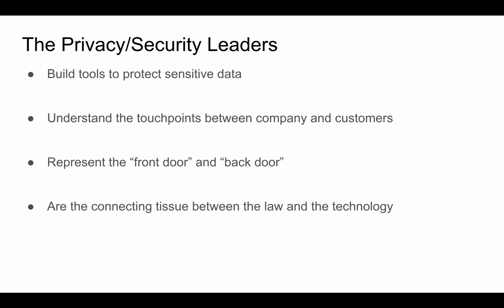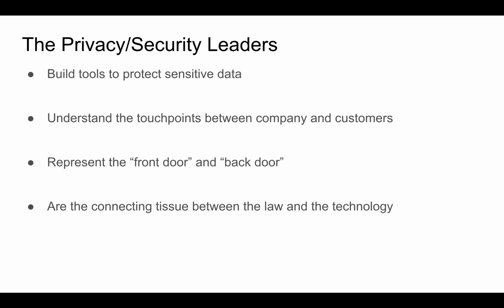And then, of course, you have the privacy and security leaders. This tends to be a separate team within most companies that is not part of conventional engineering, but that typically sits outside legal as well. These folks, as much as possible, try to build tools to protect sensitive data. So they have some automation and best practices typically in place. They also understand the touch points between the company and the customers.